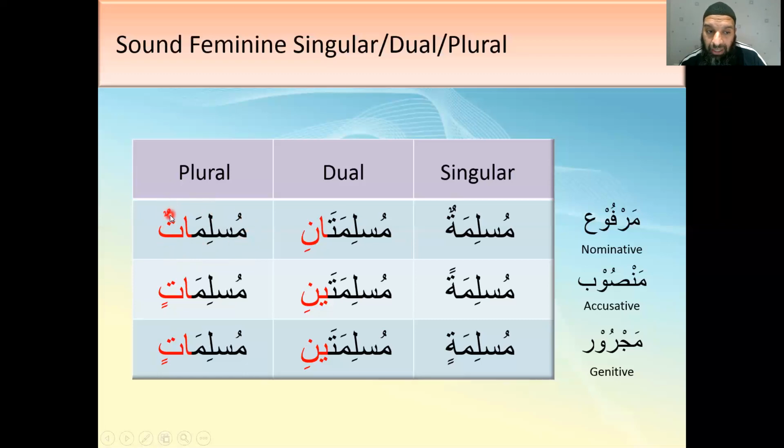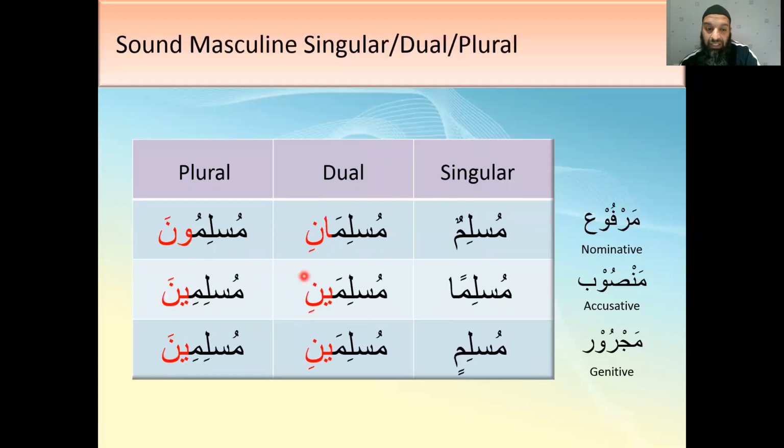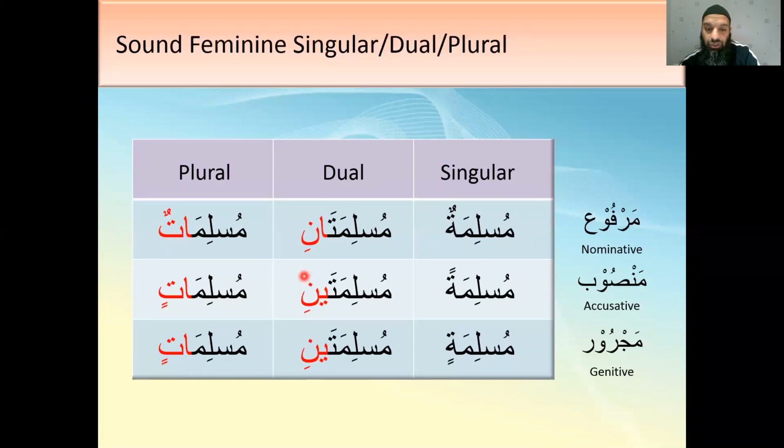The dhamma has come back to help you, so you know this is marfu. Next one, muslimatan is mansoob. Again, mansoob and majroor, dual and plural are exactly the same. So muslimatan becomes muslimataini. It's the same ending as the masculine. Here's the masculine, aini. Yeah, same ending. So they got some things in common.